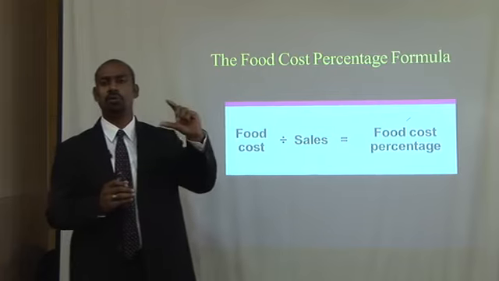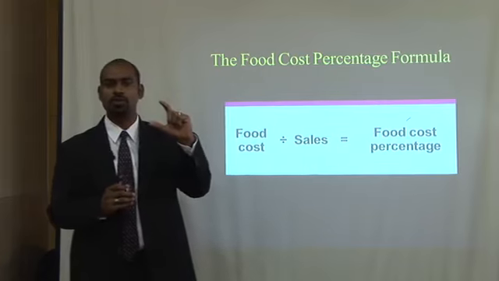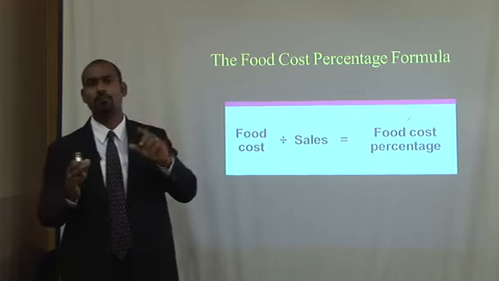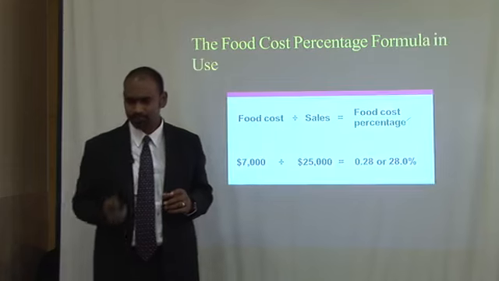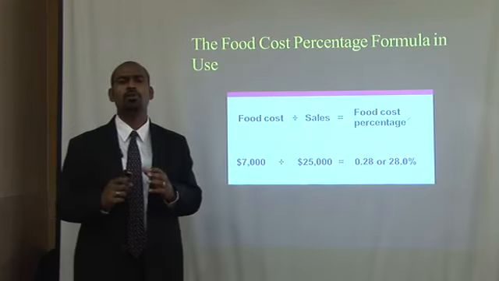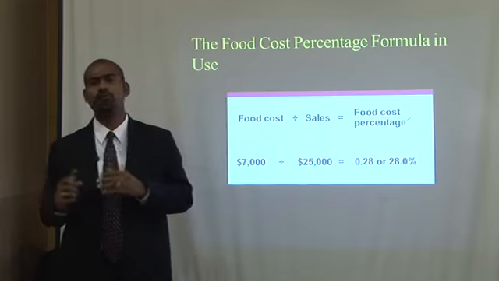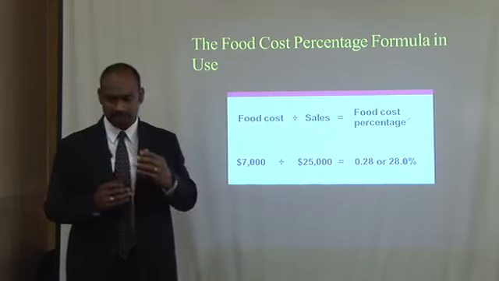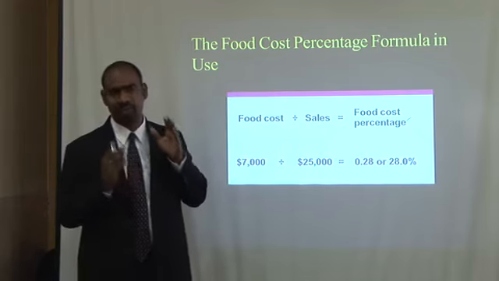Whatever the food cost we have used, the rupee value divided by sales value, rupee value, equals the food cost percentage. The food cost percentage formula in use is food cost divided by sales equals food cost percentage. For example, if I want to come up with the figures, say your food cost is 7,000.